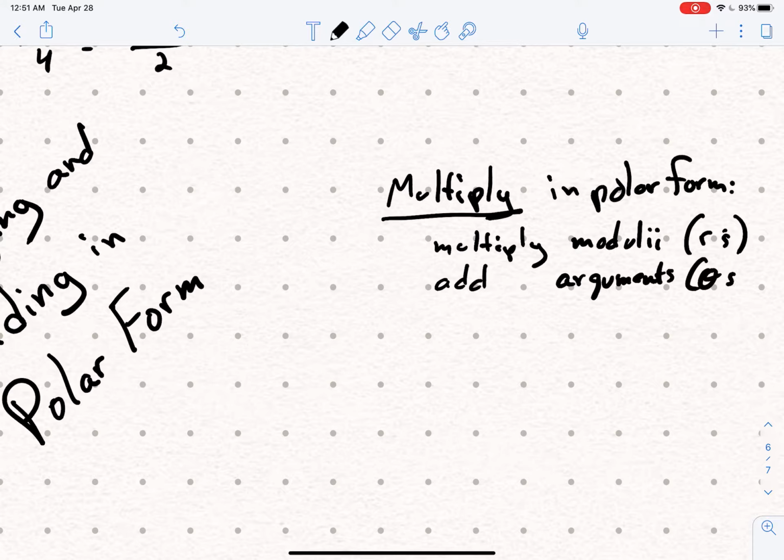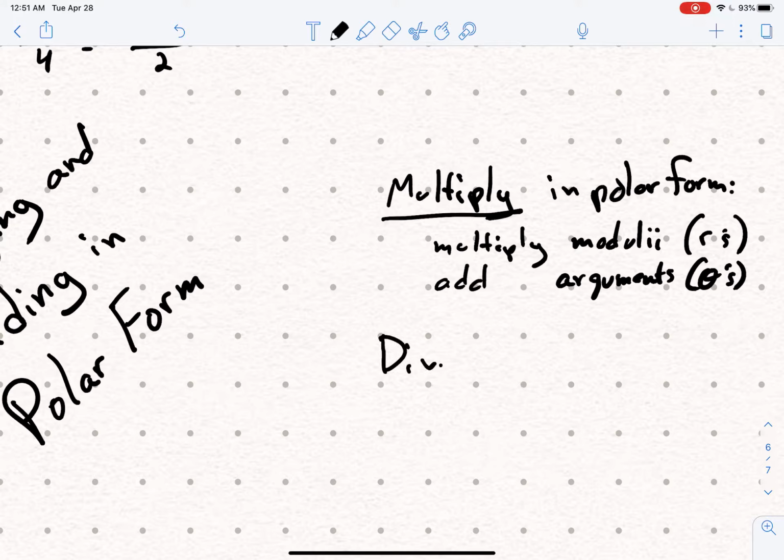Those are the thetas. So if you're multiplying two numbers and they're written in polar form, you know what the moduli are and the arguments, the angles are, and to get your new complex number, you simply multiply the moduli together, and then you add the angles, the arguments together, and that is the modulus and the argument of your new number. All right? It just works beautifully. It's amazing.